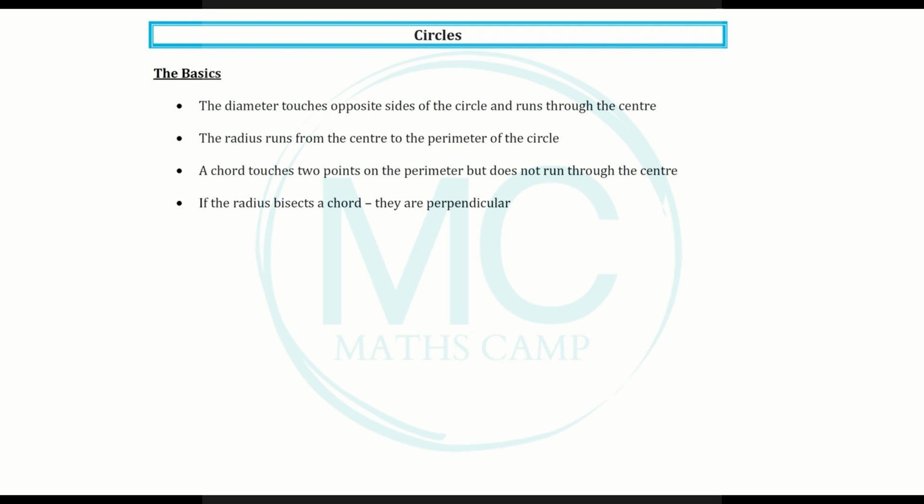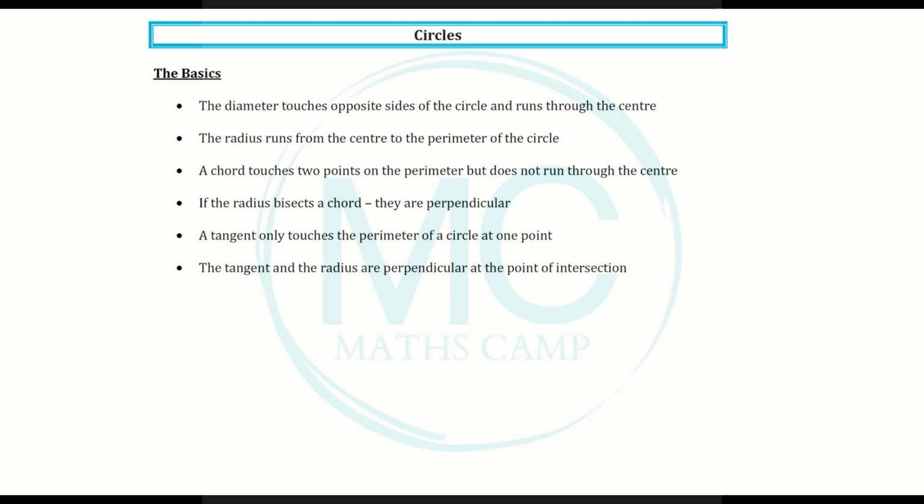If the radius bisects a chord, then these lines are perpendicular. Bisect means to cut in half, so their point of intersection will always be the midpoint of the chord. A tangent only touches the perimeter of a circle at one point. If it touches more than one point, it is not a tangent.